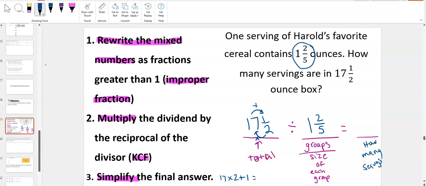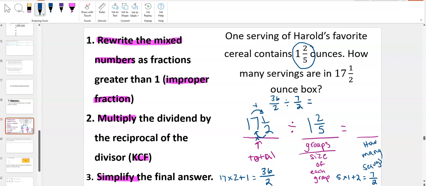And that's 36. So I think that's 36 halves. Okay, then over here, we're going to do the same thing. We're going to do 5 times 1 plus 2. That's 7 fifths. So in the end, I'm going to get 36 over 2 divided by 7 over 5.